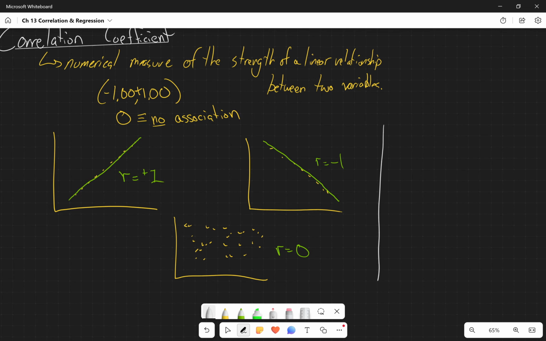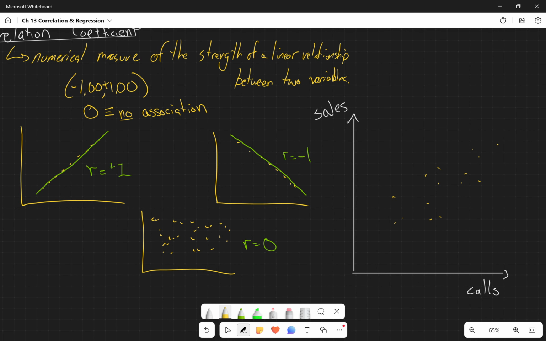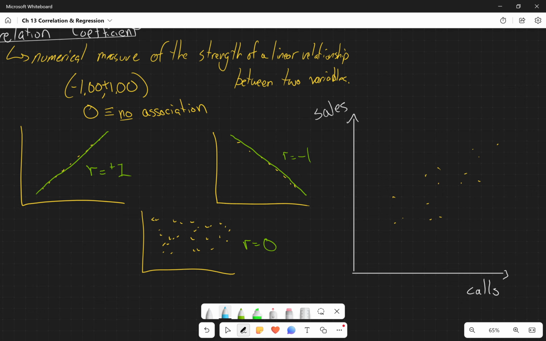So if we go back to that example, if I can draw a straight line, we have calls, and then we have sales, and we had different points, something like that.